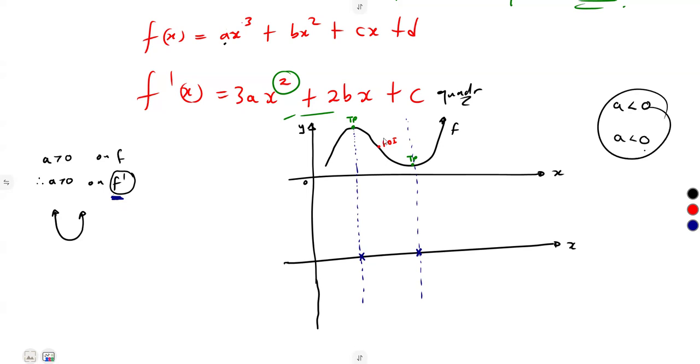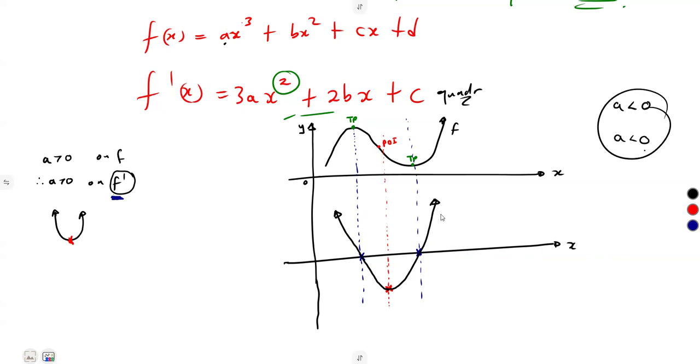And the point of inflection corresponds to the turning point of our derivative function. It corresponds to the what? To the turning point of the derivative function. So it was going to be something like this. All right, I'm just going to explain this one. Do not worry. So it is just going to be something like this.